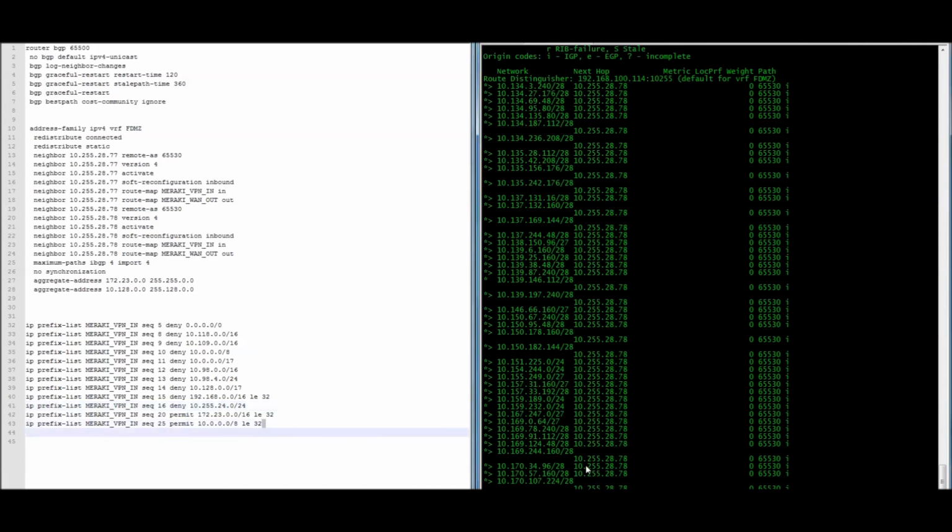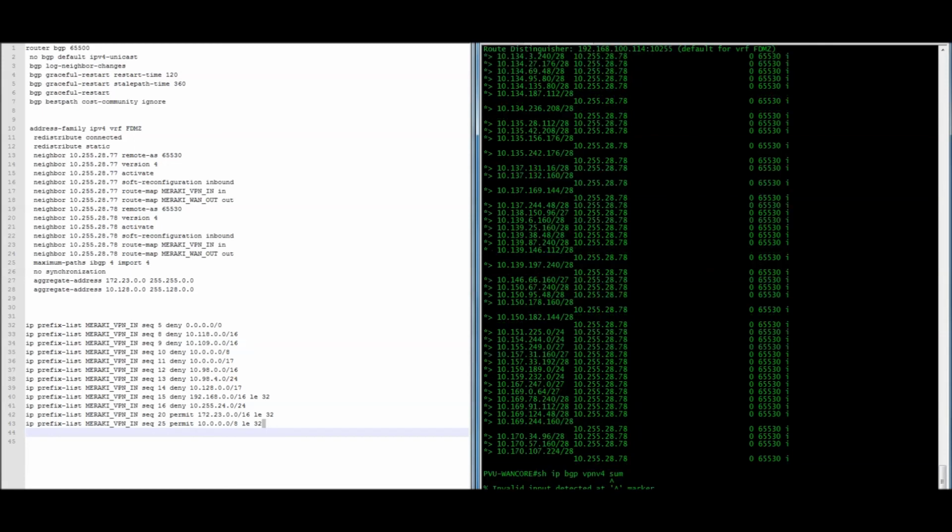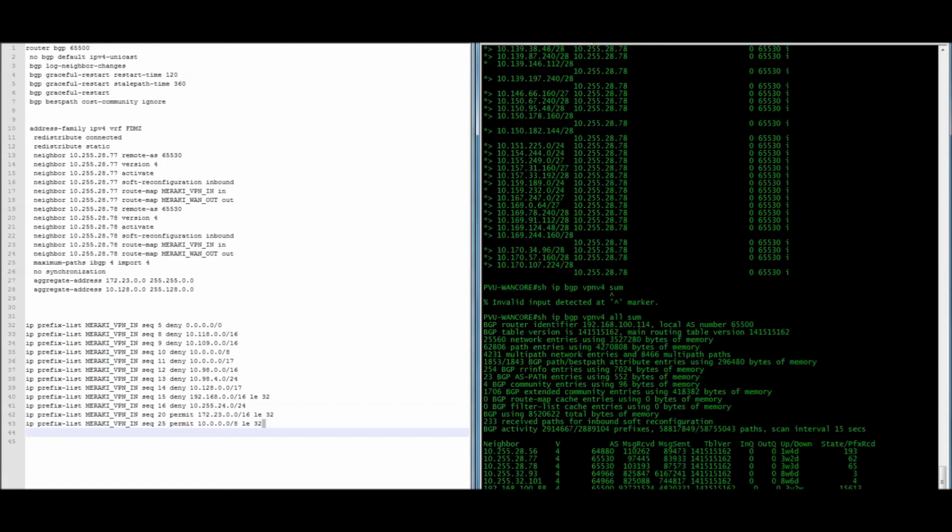Okay, so we'll come over here to our core setup, and to verify our eBGP relationship, we can see our BGP peers and the number of prefixes that are being advertised from them.